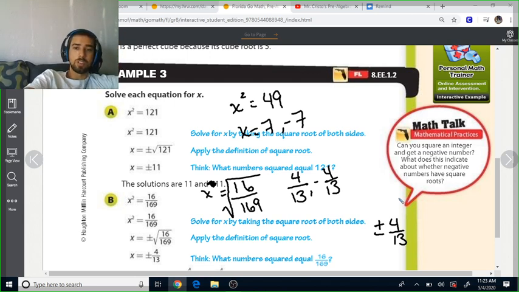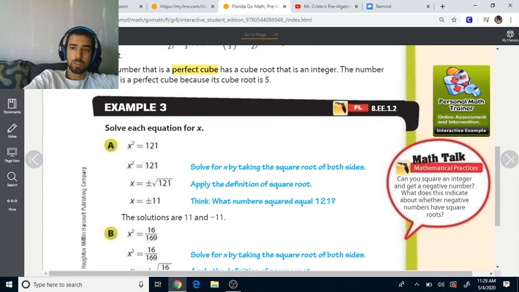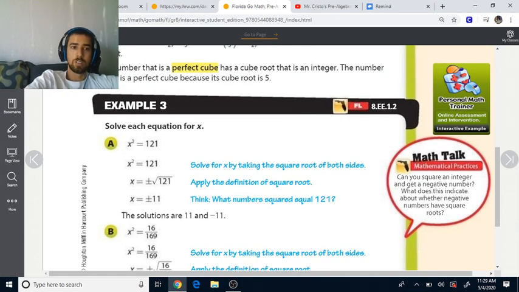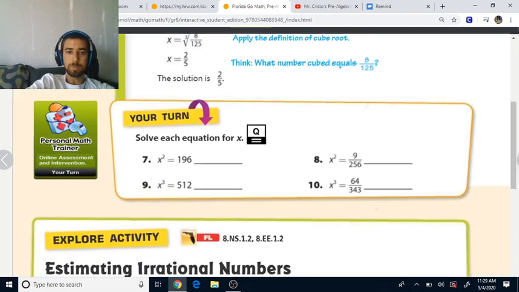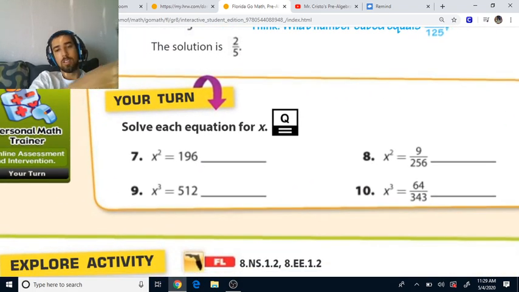Okay, so let's do these then, because I want to practice on these. If you can please do 7, 8, 9, and 10.